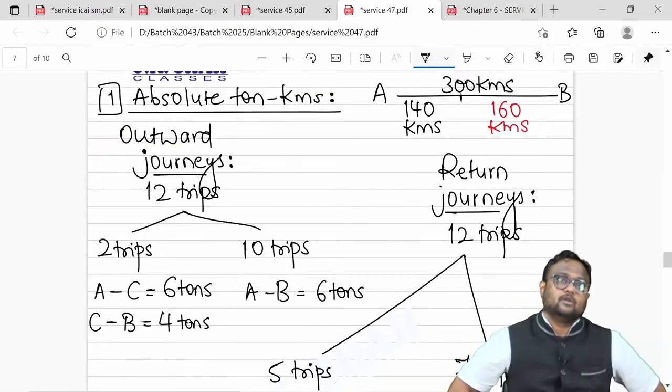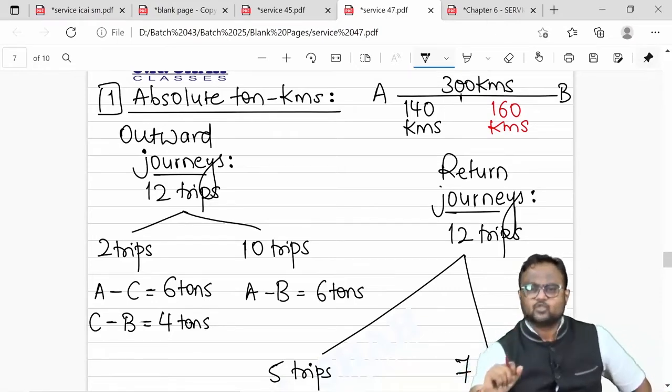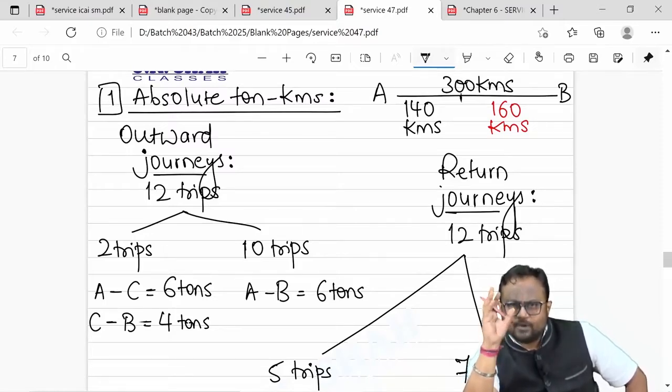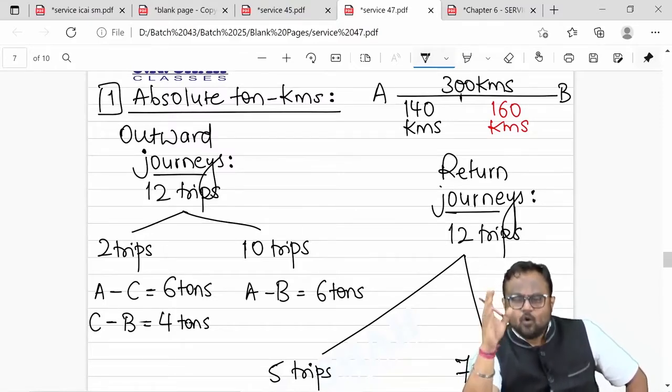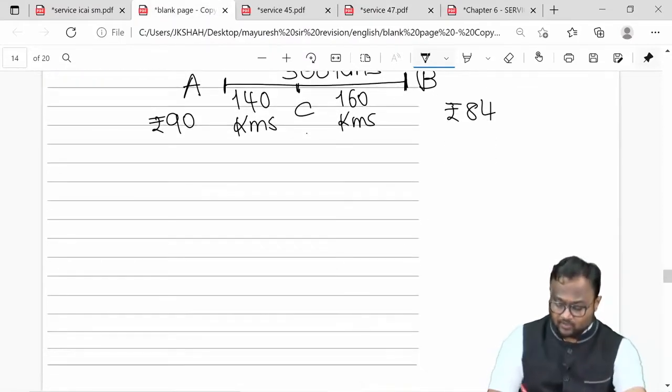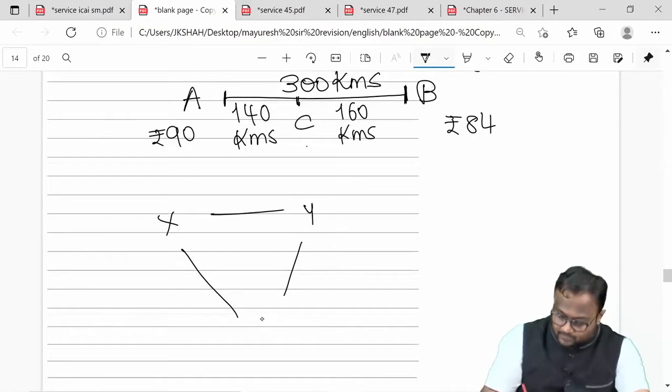They asked us to calculate absolute ton kilometers. Absolute ton kilometers is the most accurate basis of charging cost to the customer. Wherever there is a change in the load, you change the journey, you change the calculation, like taking it as x, y, z. This is 20 kilometers, I carried 5 tons.